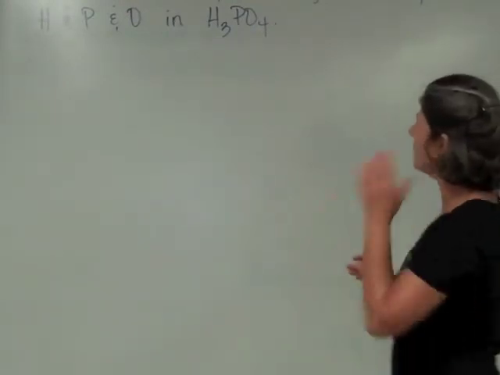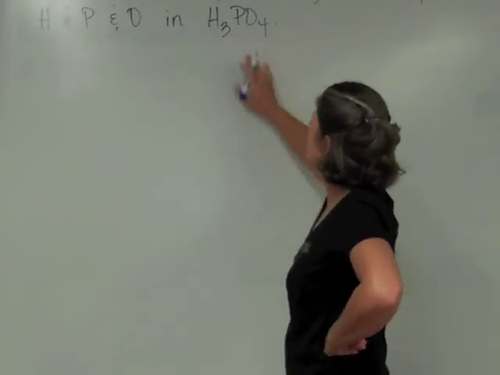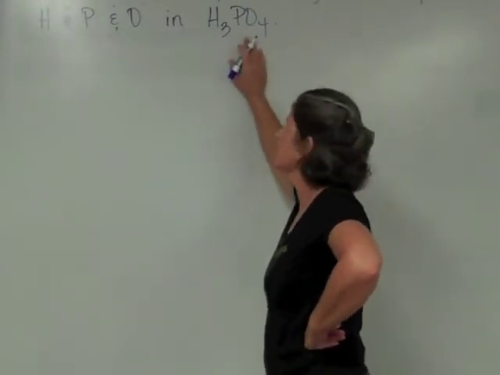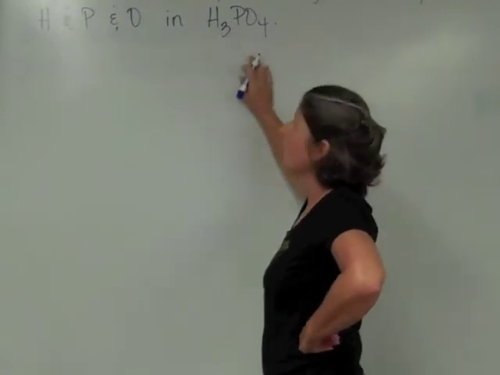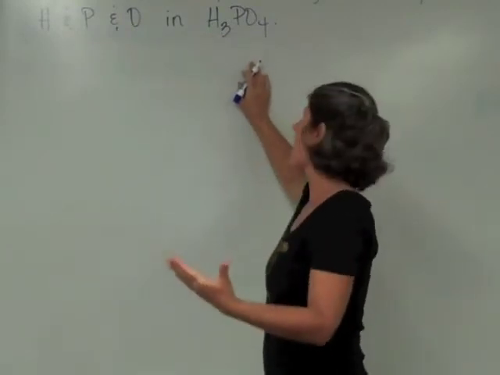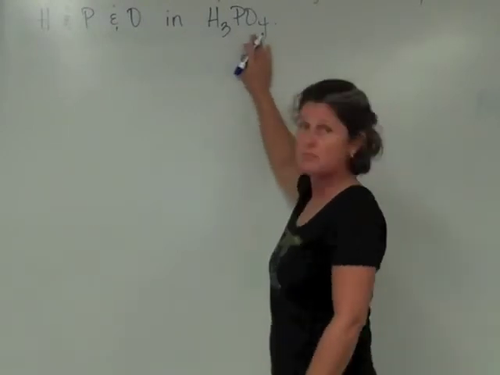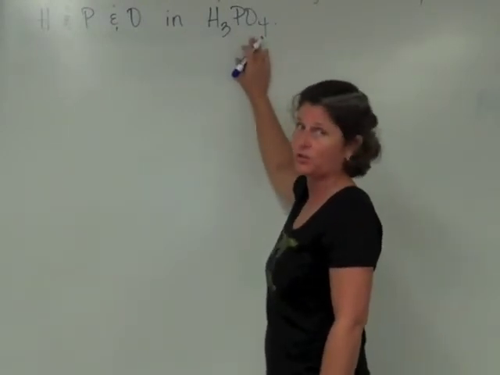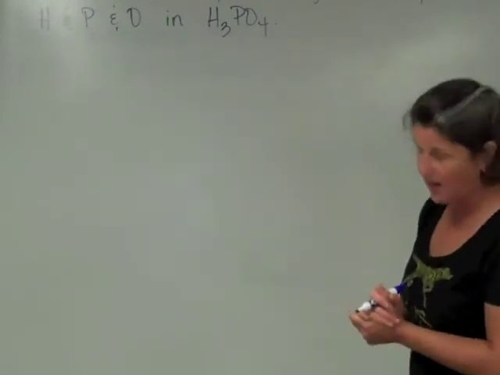Okay, so we want to know what percent of the total mass is coming from the hydrogen? What percent of the overall mass is coming from the phosphorus? And what percent by mass is coming from the oxygen? So that is the question that we are asking right now.